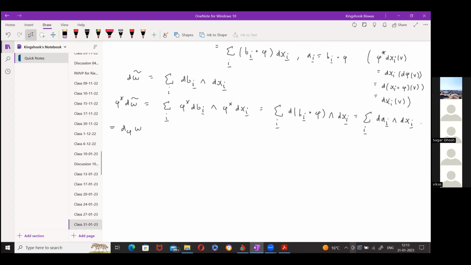But the claim is this is independent of the chart because of the following.